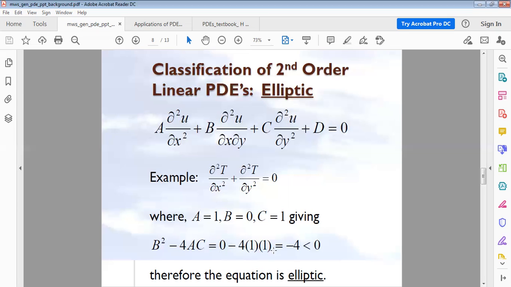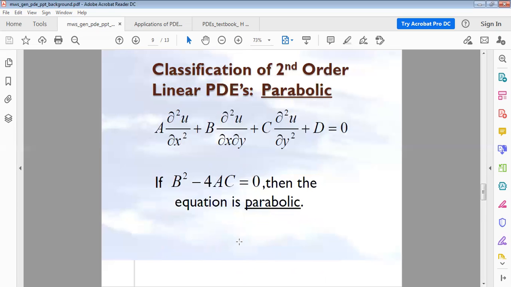So b square minus 4ac equals minus 4. Understand? We just put in the discriminant b square minus 4ac. So this is less than 0, therefore the equation is elliptic.